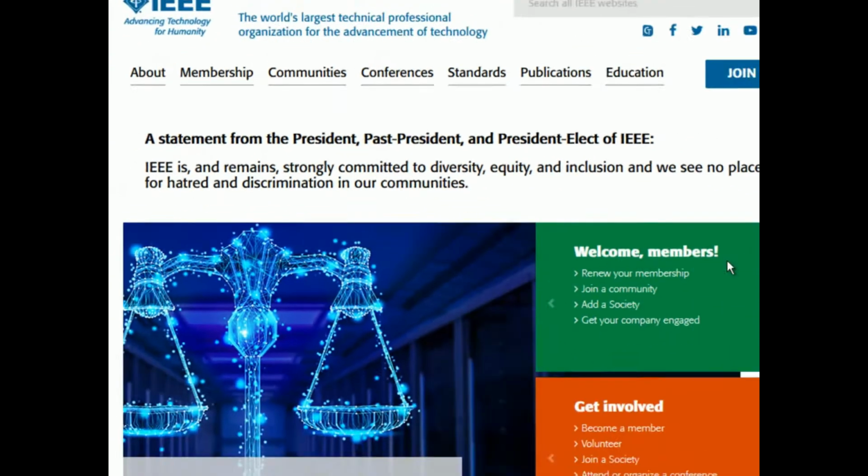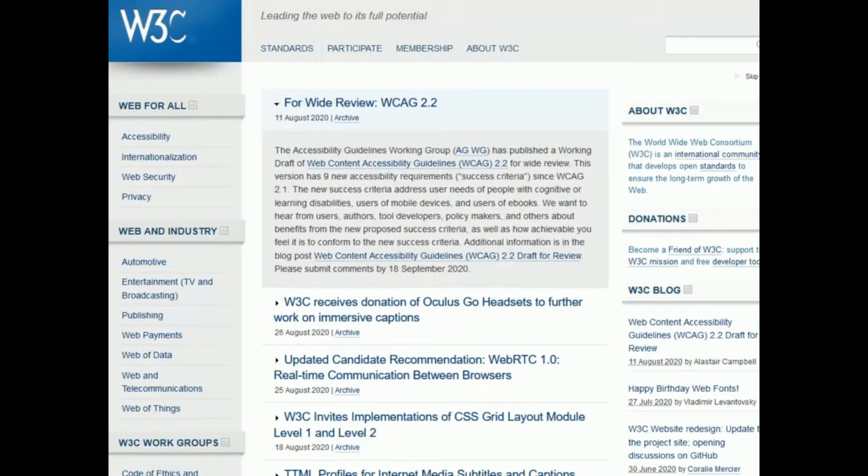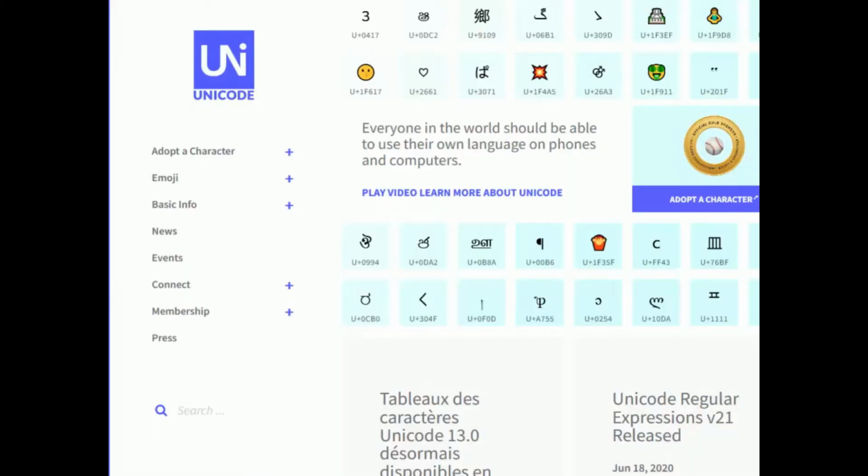Standards are developed by institutions like IEEE, W3 Consortium, Unicode Consortium, and others to standardize the interpretation of how a series of bits encodes more complicated data.